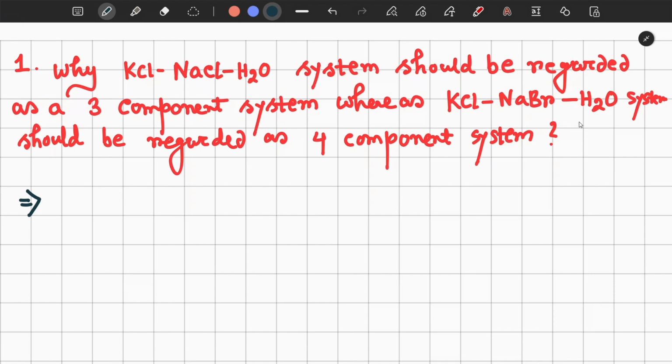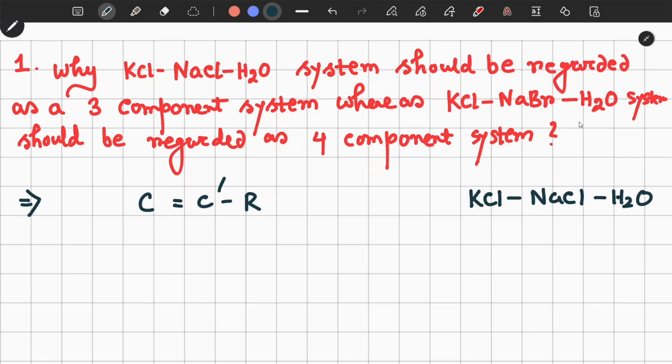What? Explain, what are you saying? What is our formula? We know that P plus F equals C prime minus R. Now for KCl, NaCl and H2O, for this mixture, what is our C prime?